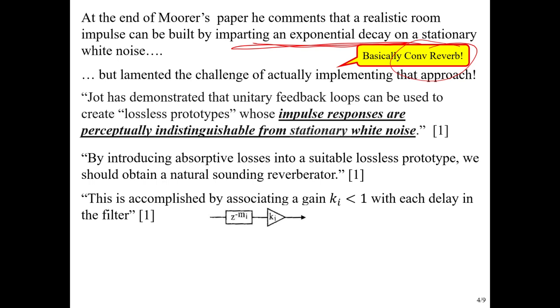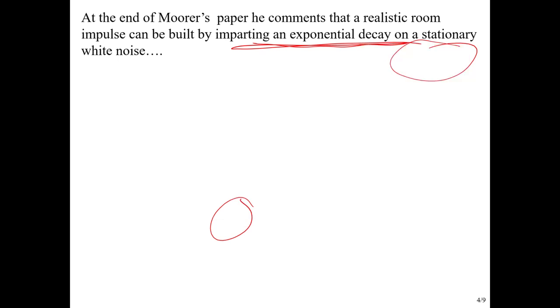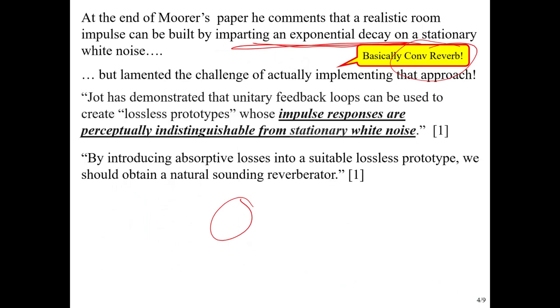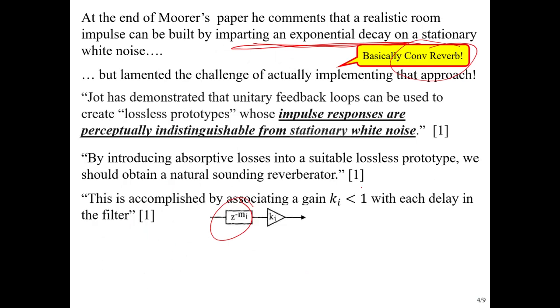So the way that you can accomplish that, one way, is that back in that system, so back here, each one of these delay boxes gets hit with a coefficient whose magnitude is going to be less than 1. And so that's what they did. They show it as k sub i less than 1, but technically it could be magnitude less than 1, but we might normally just keep these to be all positive things.